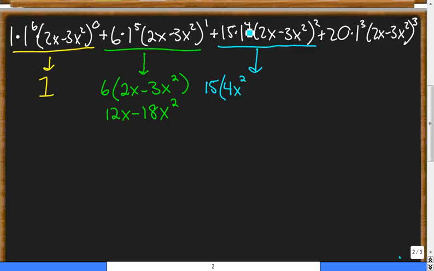Then we have to cross multiply them, so 2x times negative 3x squared gives us negative 6x cubed. There's also another negative 6x cubed for multiplying the other way, making negative 12x cubed. And then we finally get plus 9x to the fourth.